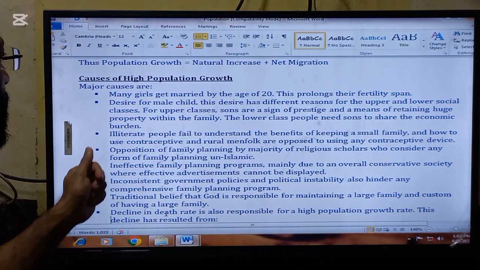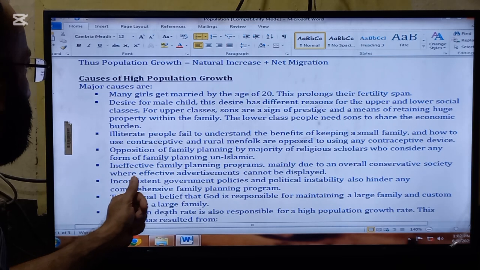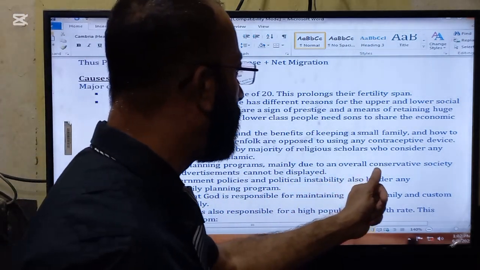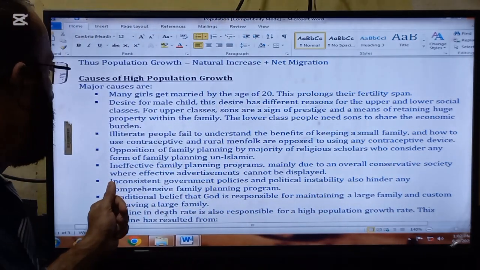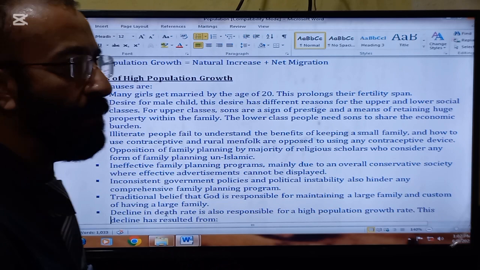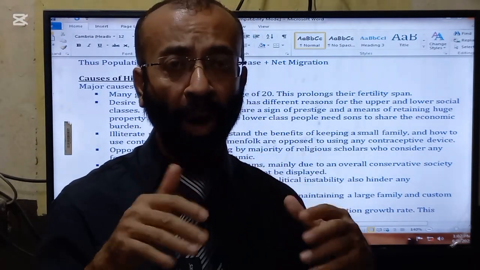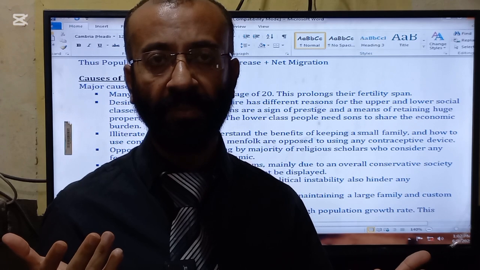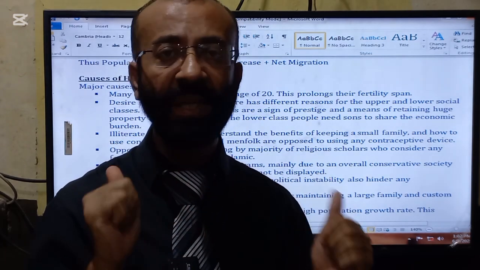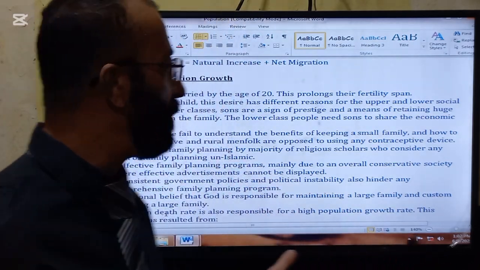Next, a very important reason for high population growth rate is ineffective family planning programs, mainly due to an overall conservative society where effective advertisement cannot be displayed. When effective advertisement cannot be displayed, how will people know? Because of the conservative society, we are facing this problem, due to which high population growth rate is occurring in Pakistan.